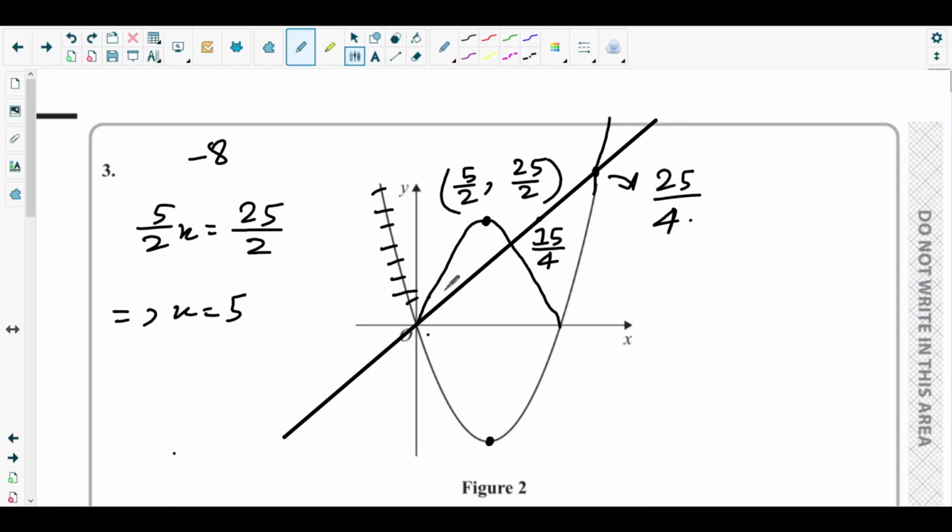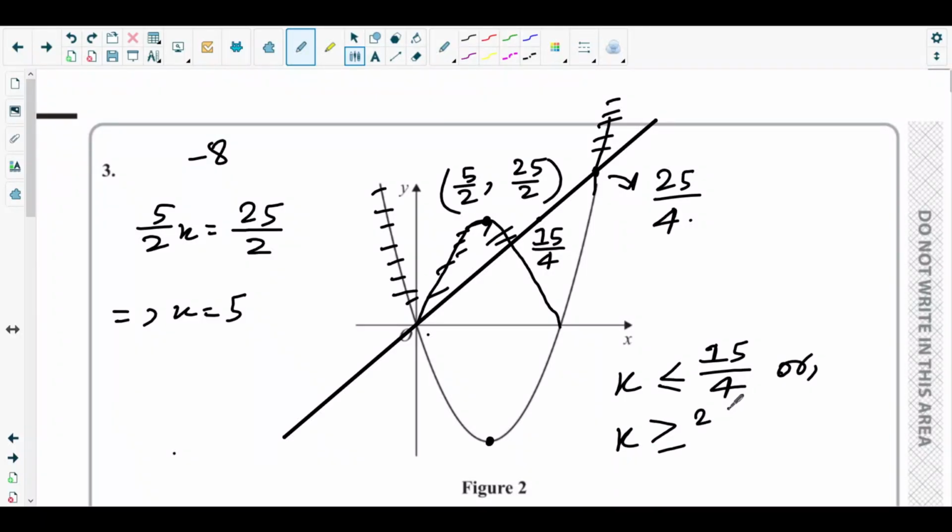This part is above, right? So this part can be found for x values less than or equal to 15/4. And again on the right side you can see this part is above the line. This part can be found for x greater than or equal to 25/4. That's it.